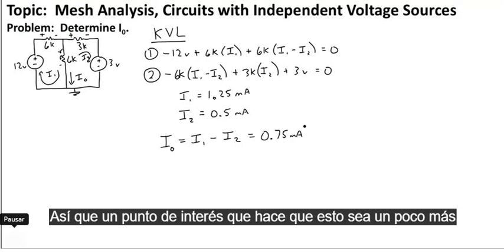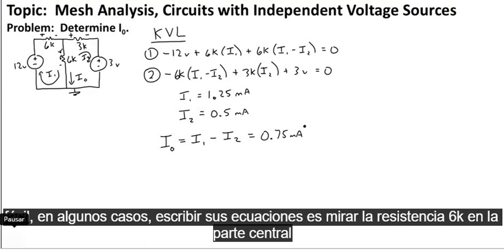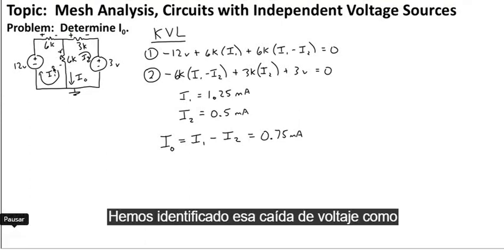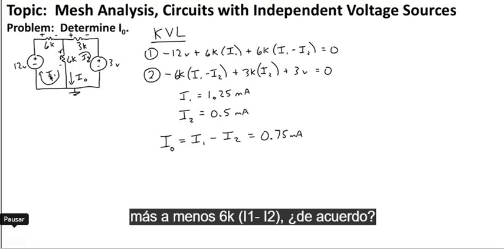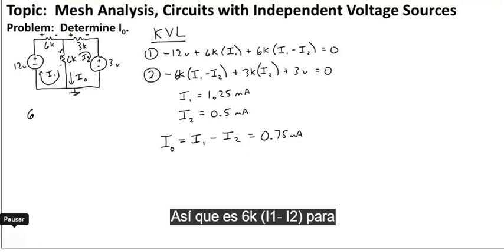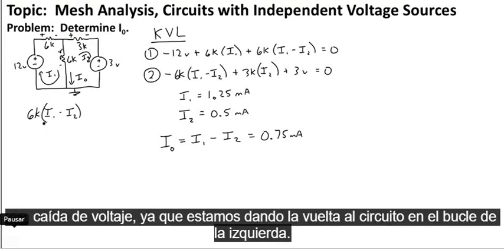So a point of interest that makes this a little easier in some cases to write your equations is looking at the 6 kilo ohm resistor in the center part of the circuit. We identified that voltage drop as plus to minus 6K (I1 minus I2). Okay, so it's 6K (I1 minus I2) for that voltage drop as we're going around the circuit in the left-hand loop.